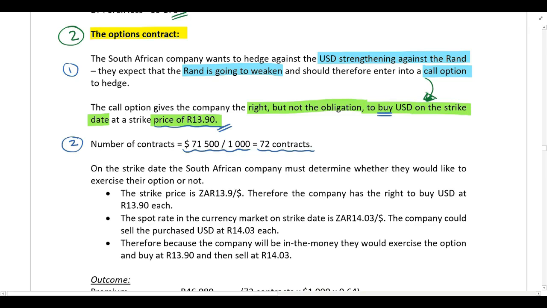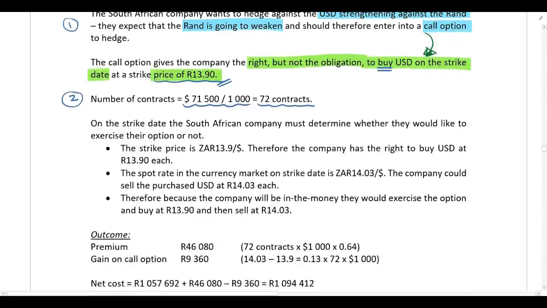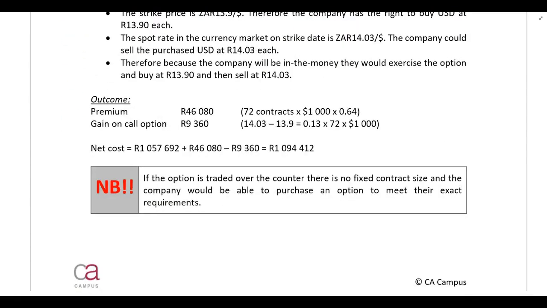So remember, the disadvantage, because it's traded on a formalized exchange, is we have standard contract sizes and it doesn't meet my exact requirements. If you go just below, if this option was traded over the counter, then there is no fixed contract size and the company would be able to purchase an option that meets their exact requirements.